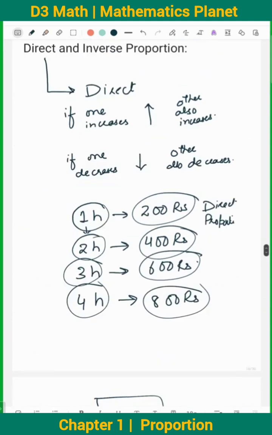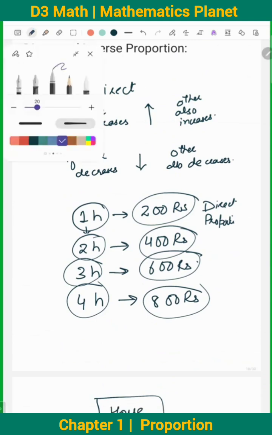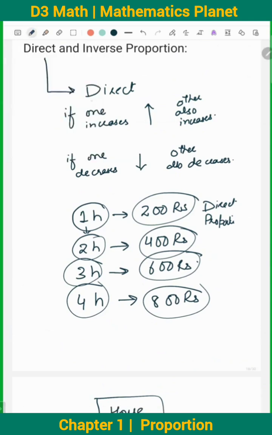Today we are going to do a few questions related to direct proportions. So let's check it out. Direct proportion is when one quantity increases, the other quantity should also increase. If one quantity decreases, the other quantity should also decrease.